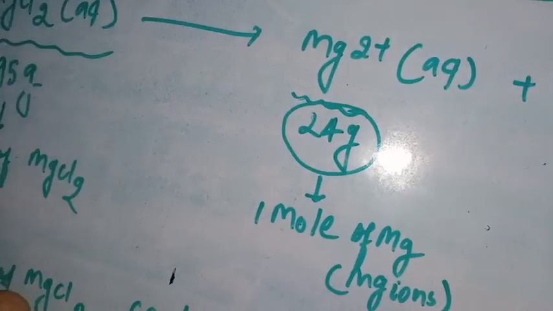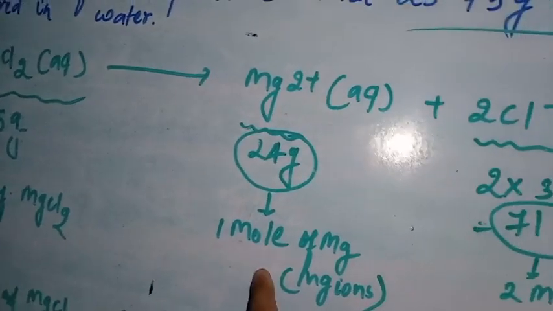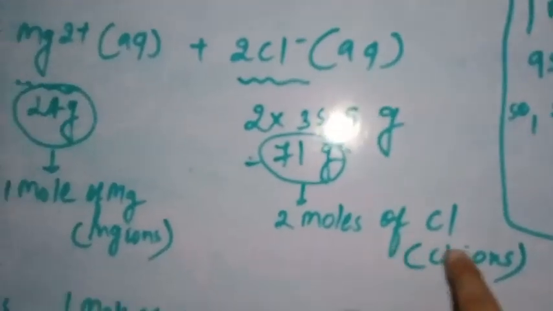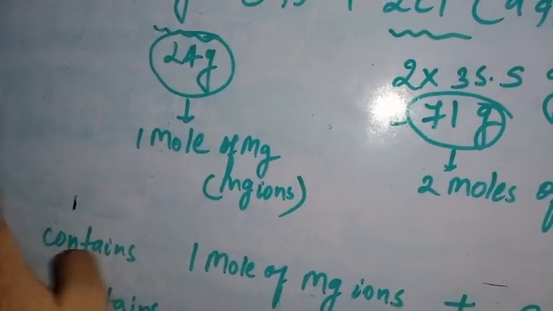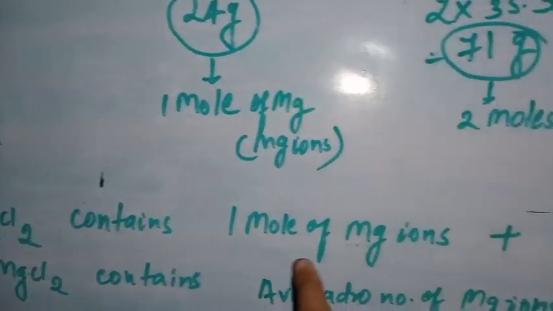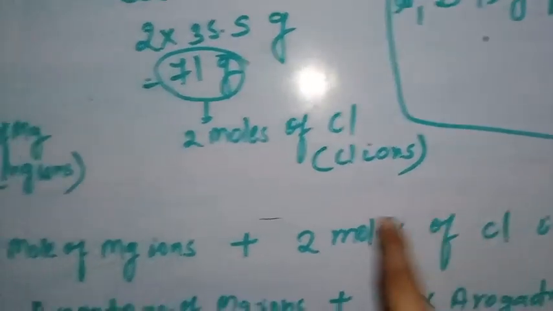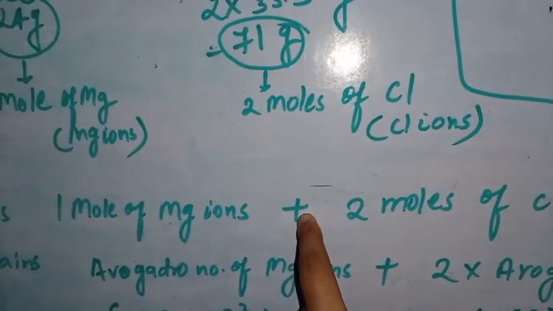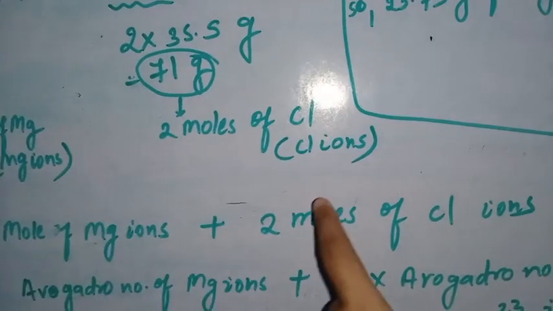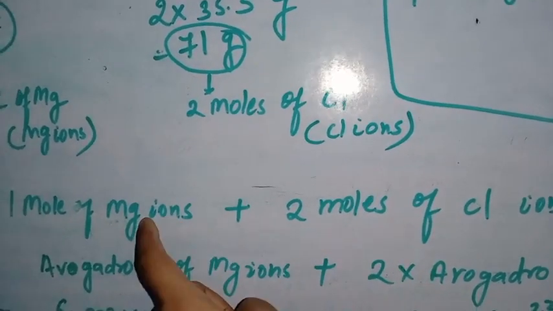So we can write that 1 mole of magnesium chloride contains 1 mole of magnesium ions plus 2 moles of chloride ions. Why have I written plus here? Because we have to calculate the total number of ions, that is the total number of magnesium ions and the total number of chloride ions, so we have to add up both.